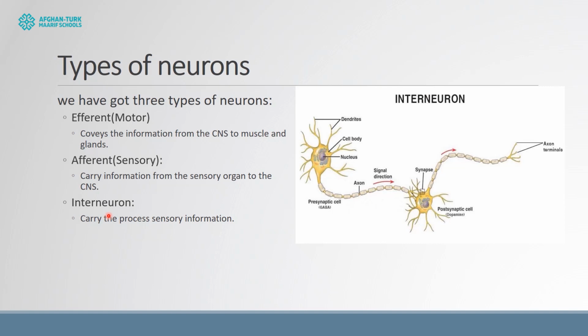The third type of neurons is called interneurons, which carry the processed sensory information.